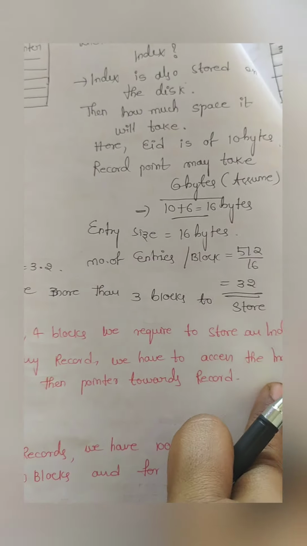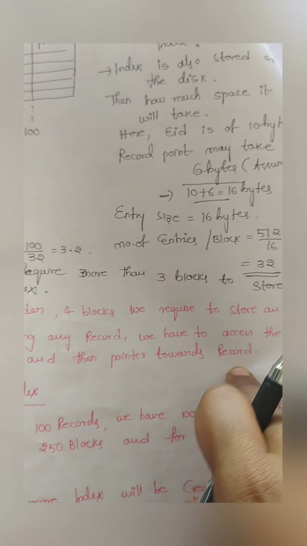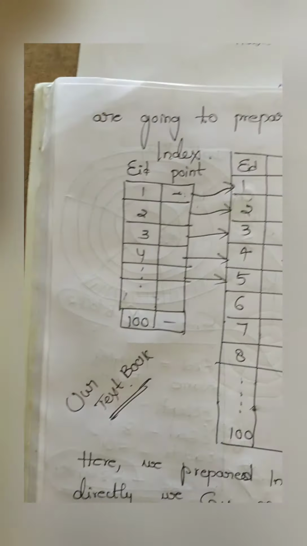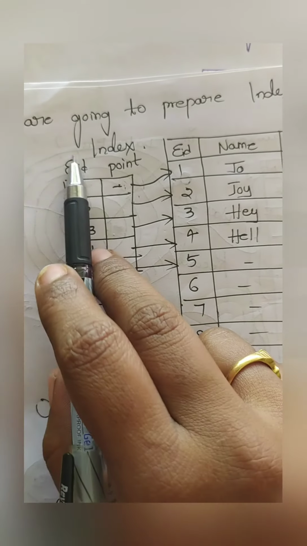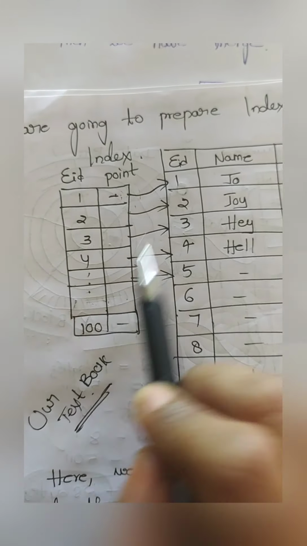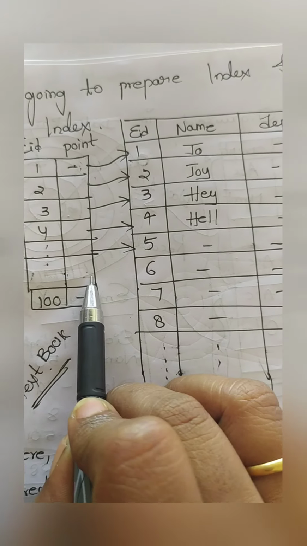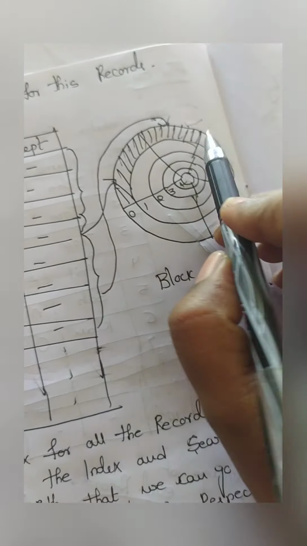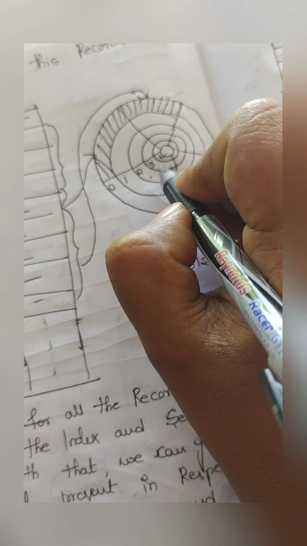For accessing any record, we have to access the index of 4 blocks and then the pointer to the record. If we want to access the 95th record, the 95th pointer is present in the index, so we can go directly to the address in that pointer, and it goes directly to the 95th record.